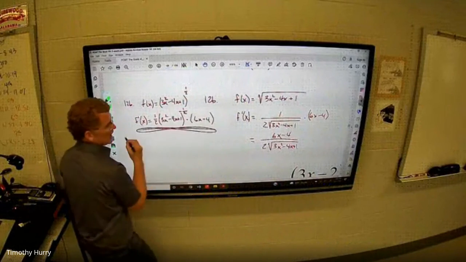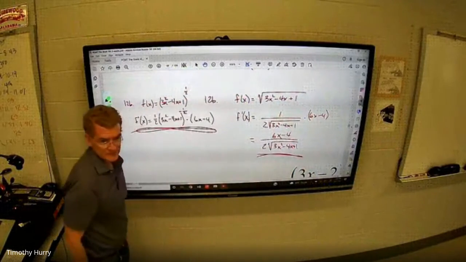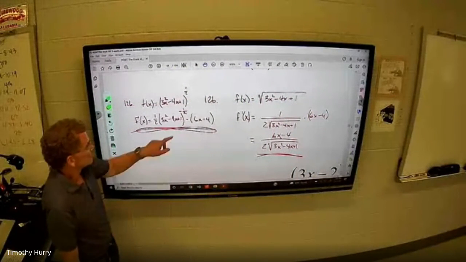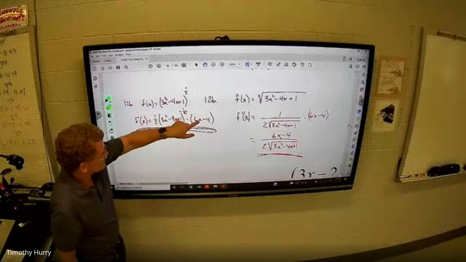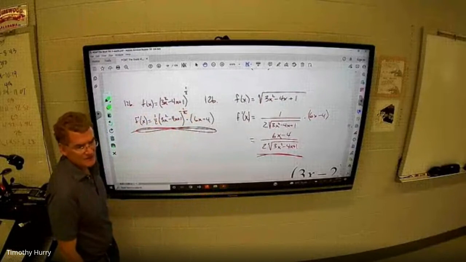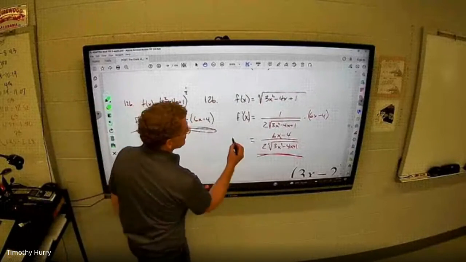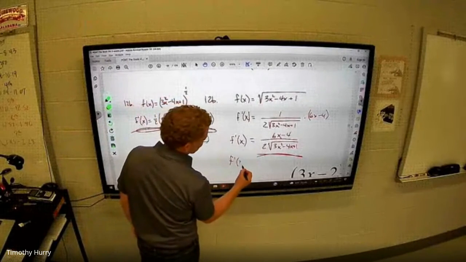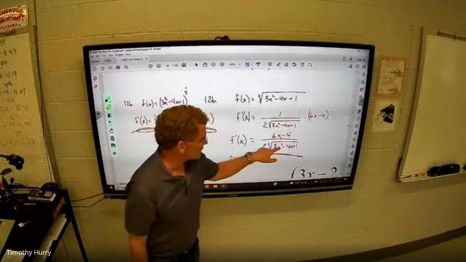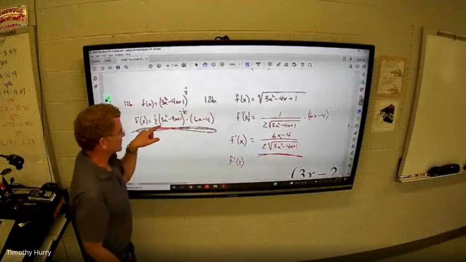They look a lot different, don't they? They mean the same thing. This is a square root function on the bottom. This is a 2 on the bottom. There's that on the top. They mean the same thing, but you tell me, if this was my derivative, and then I said, hey, find the derivative at 2, would you rather plug a 2 in there, or would you rather plug a 2 in there?